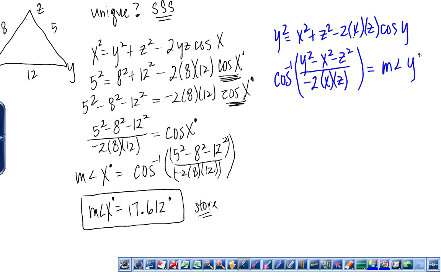Okay? So I'm going to go ahead and fill my information in here for the measure of angle Y. So my arc cosine would be 8 squared minus X squared would be 5 squared minus Z squared would be 12 over negative 2 times X, which is 5, times Z, which is 12.